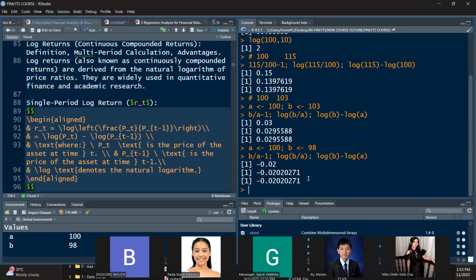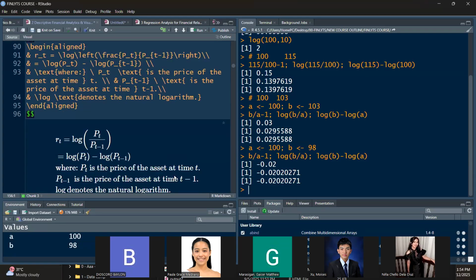So you can see that the return is negative 0.02 for simple. For log, it's negative 0.0202. It's still lower, class, right? This log return is lower compared to the simple return.